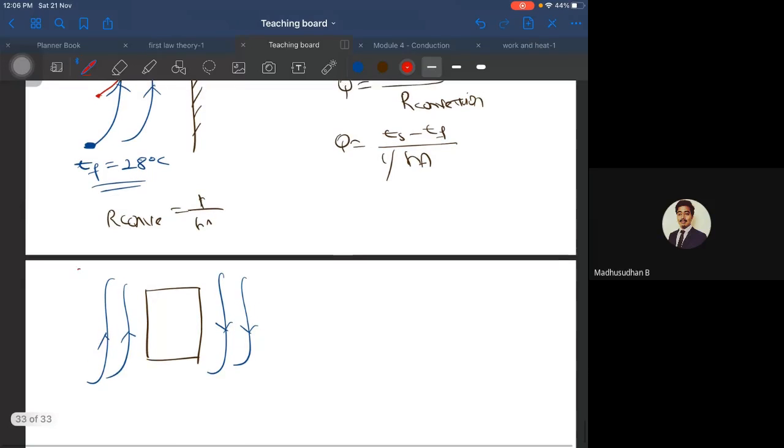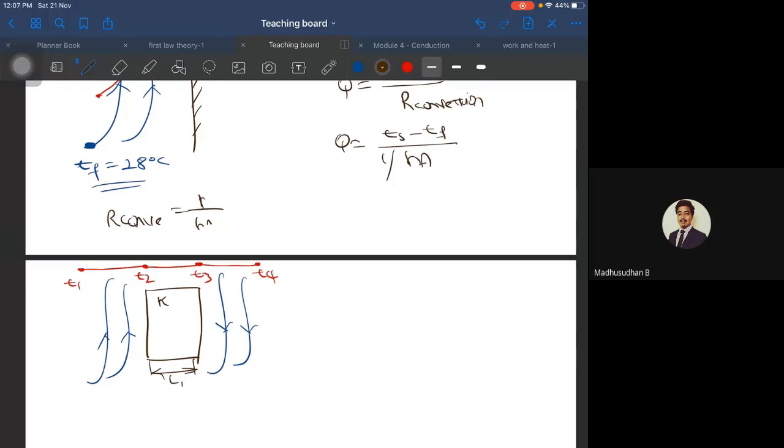The initial temperature is T1. When it reaches the wall the temperature is T2, the inner wall temperature is T3, and here the temperature is T4. This particular material has a thermal conductivity of K and a length of L1.